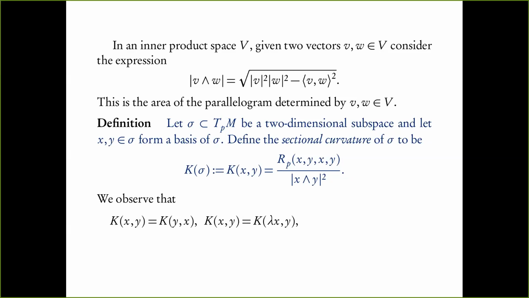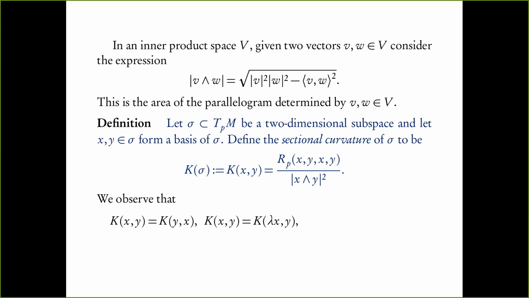So what about something like this? Is it clear that K of xy is K of lambda x, y? What would happen if I input lambda x, y into the Riemann curvature? Because it's tensorial, lambda squared is going to come out in the numerator. What happens to the denominator?